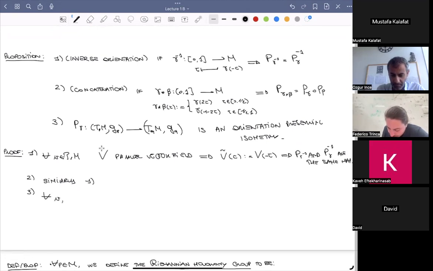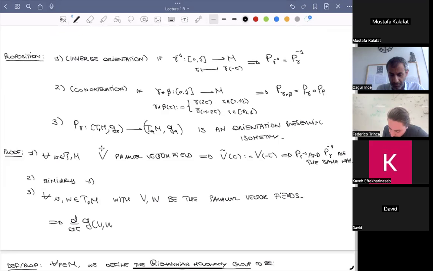So you can prove it by taking two vector fields of T_pM, V and W, to be the parallel transport vector fields. And if you compute now the derivative of this inner product, then by metric compatibility, you know that it is equal to g(nabla_gamma-dot V, W) plus g(V, nabla_gamma-dot W).